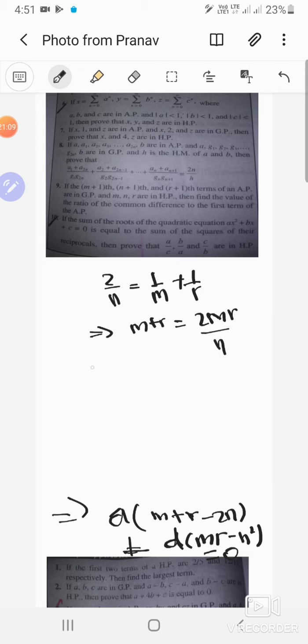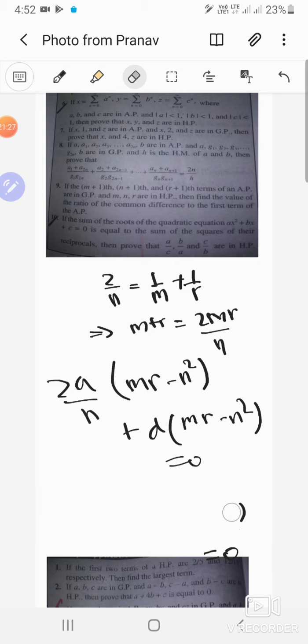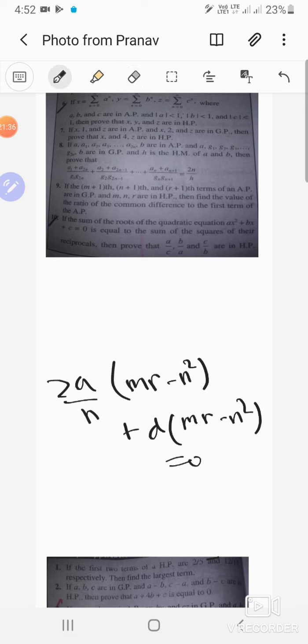So you can substitute that over here, so you will get 2a over n into mr minus n squared plus d into mr minus n squared is equal to 0. Fine. So either you will have that 2a upon n plus d equals 0, which we already did once and we got the result from that, or you could have mr is equal to n squared.